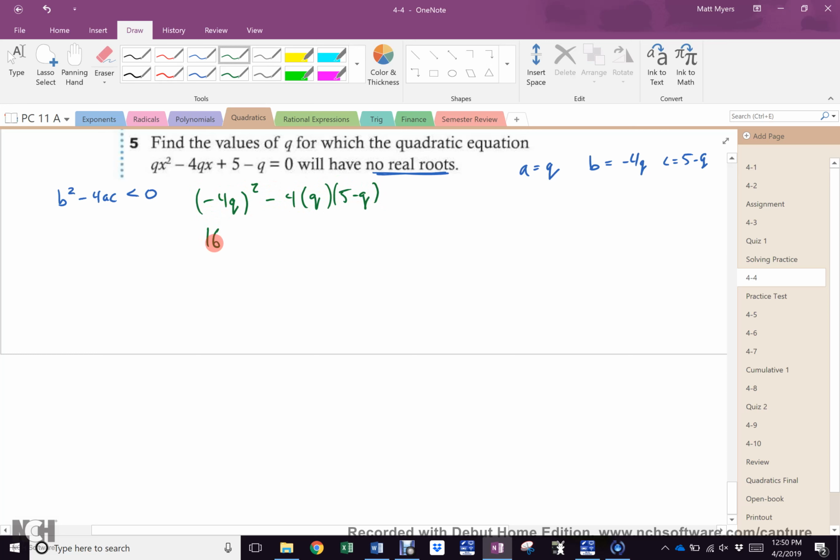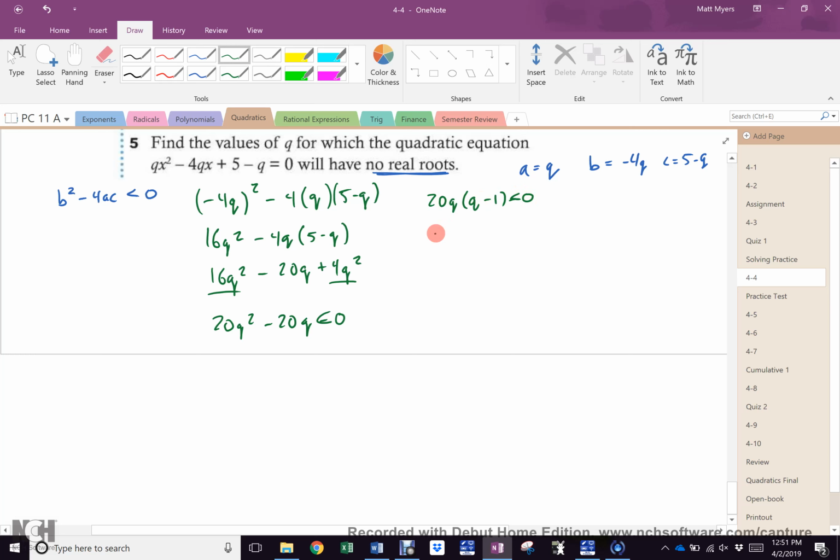So that is 16q squared minus 4q times 5 minus q, which is 16q squared minus 20q plus 4q squared. Like terms, 20q squared minus 20q has to be less than 0. So 20q times q minus 1 has to be less than 0. So let us solve that.